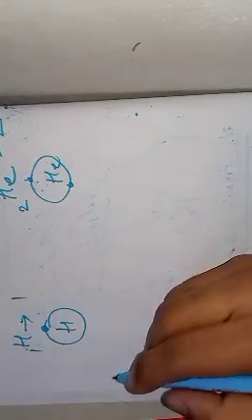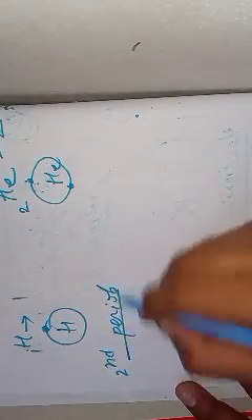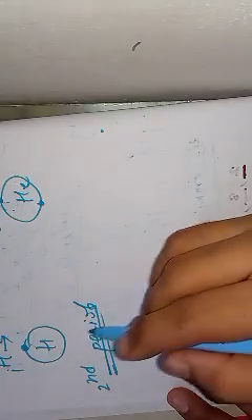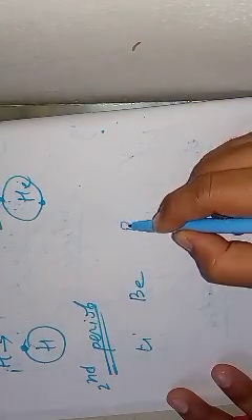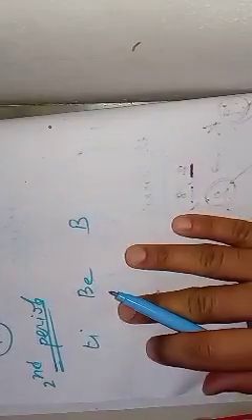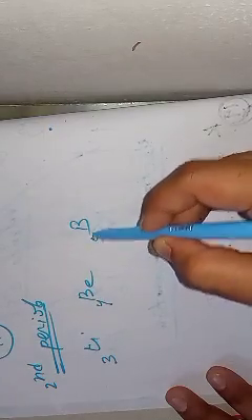Similarly, let us take another example, the second period. I'm taking some elements: lithium, beryllium, boron, 3 only. I'm not taking all the elements because it is time consuming. The atomic number of lithium is 3, beryllium 4, boron 5.